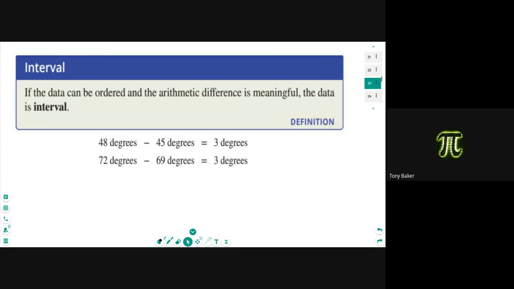So interval data states that the difference has meaning. So like heights would be interval because if I subtracted your two heights, that number has some meaning. Age, if I subtracted your two ages, that number has some meaning.